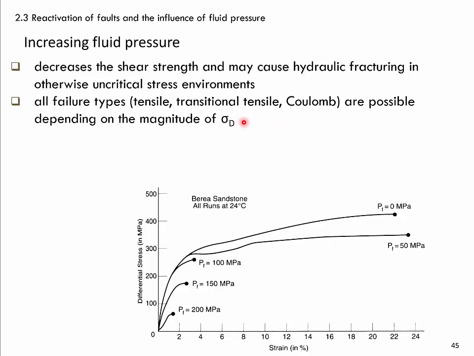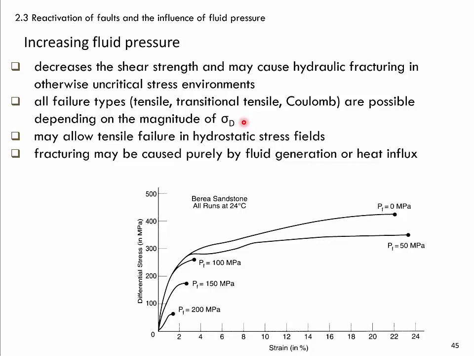Small differential stresses would lead to tensile failure or transitional tensile failure. At higher differential stresses, Coulomb failure would be possible when the pore fluid pressure increases. Even under hydrostatic stress conditions, failure is possible if the pore fluid pressure reaches critically high levels.